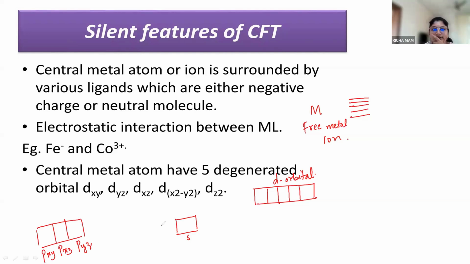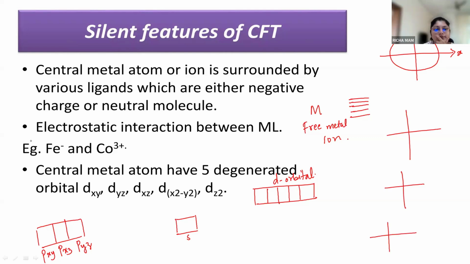Last year, in first year, you discussed this. Do you know the shape of p orbitals? The s orbital is represented as spherical. What is the shape of p orbitals? Anybody?